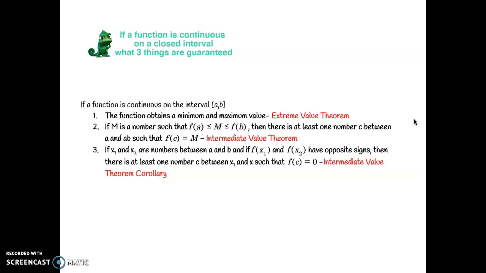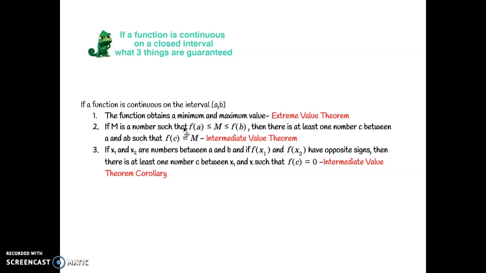So, if a function is continuous on a closed interval, what three things are guaranteed? Well, if the function is continuous on the interval a to b, the function obtains a minimum and a maximum value, which is called the extreme value theorem.